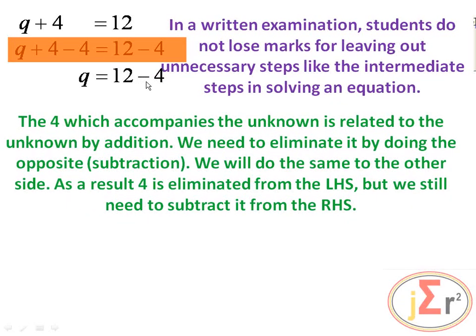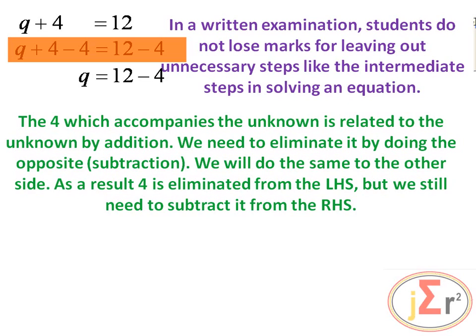The 4 which accompanies the unknown is related to the unknown by addition. We need to eliminate it by doing the opposite, which is subtraction. We will do the same on the other side. As a result, 4 is eliminated from that left-hand side, but we still need to subtract it from that right-hand side.